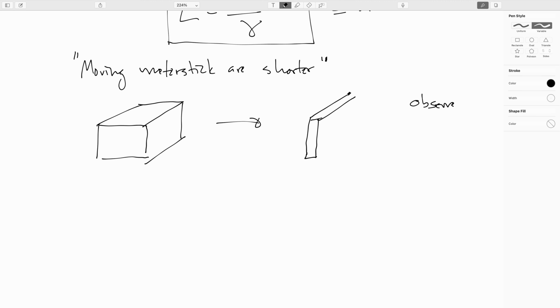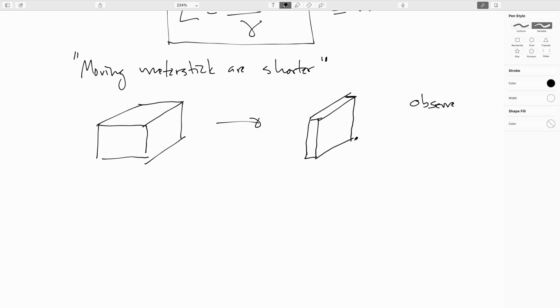What you'll see is that the vertical, the front and back, the side to side dimensions are the same, but that it's squished in the direction of motion. That's what you would observe.